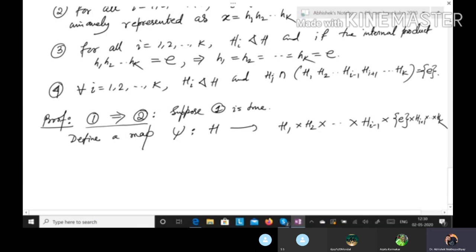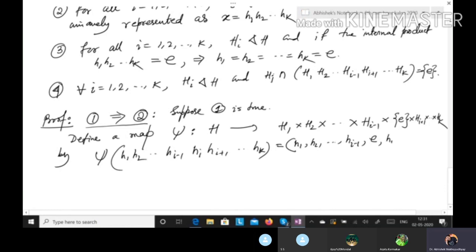The definition of this map will be psi of (h1, h2, hi minus 1, hi, hi plus 1, hk) goes to (h1, h2, hi minus 1, identity in the ith place, hi plus 1, hk), and then proceed as before. So you can define this map.